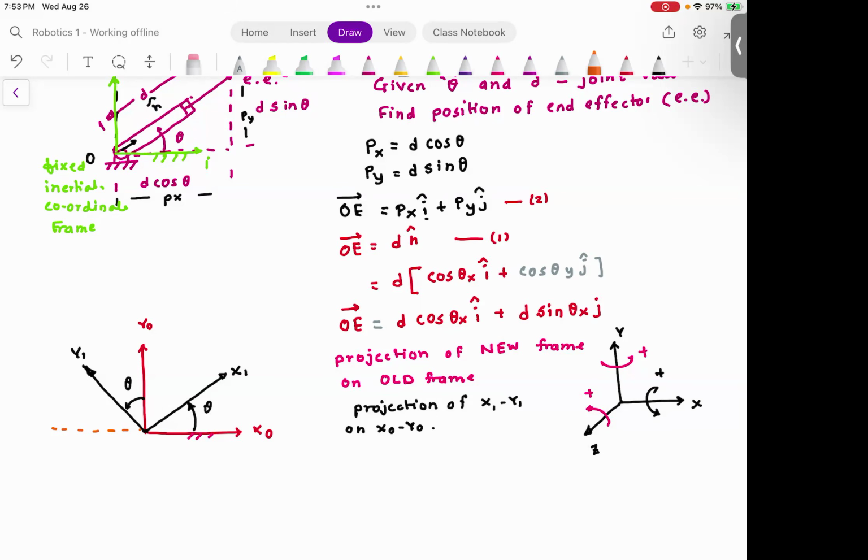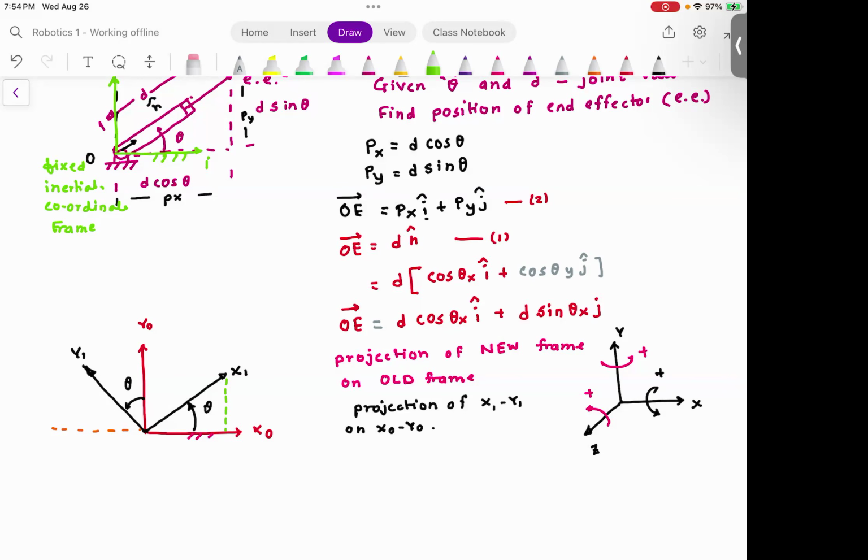So first, I want to find out the projection of x1 and y1 on x0. What should I do? I will draw perpendiculars. This activity is extremely important because I'm going to ask you a quiz problem based on this activity.